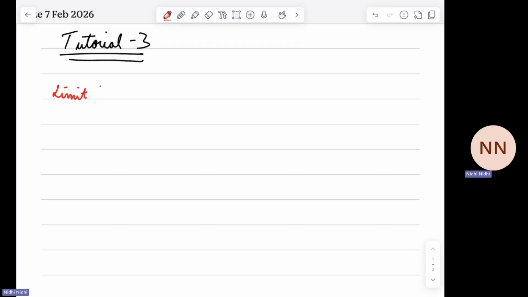So when do we say limit x tending to x naught f(x) is equal to L? If and only if. So we'll start with the basic epsilon delta definition.